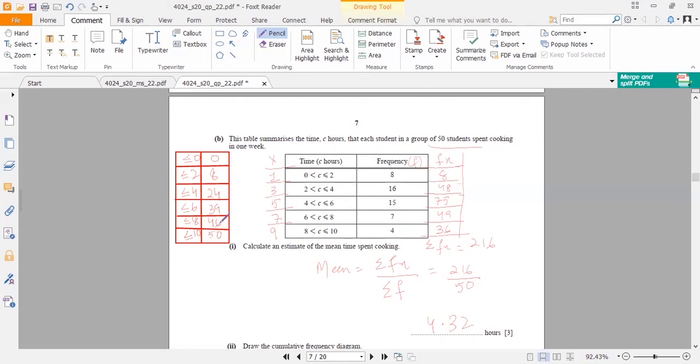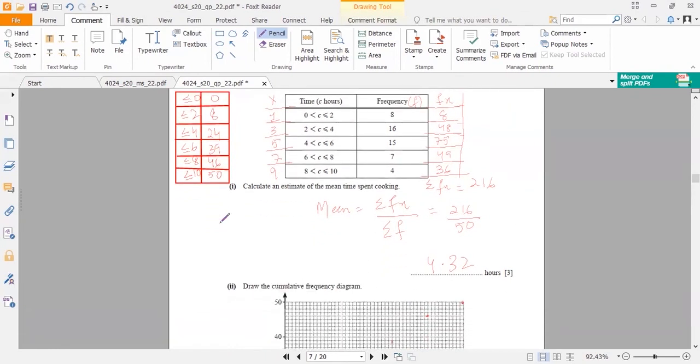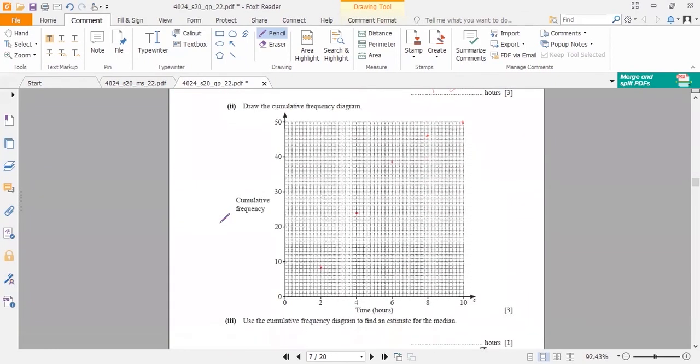Okay, so now we are going to plot this to draw the cumulative frequency diagram. Here you can see this is the point 8 at the value of less than or equal to 2, and less than or equal to 4, we have the point 24.